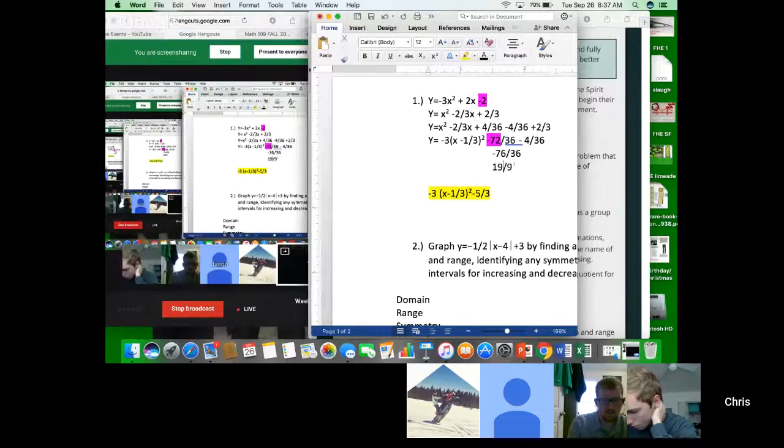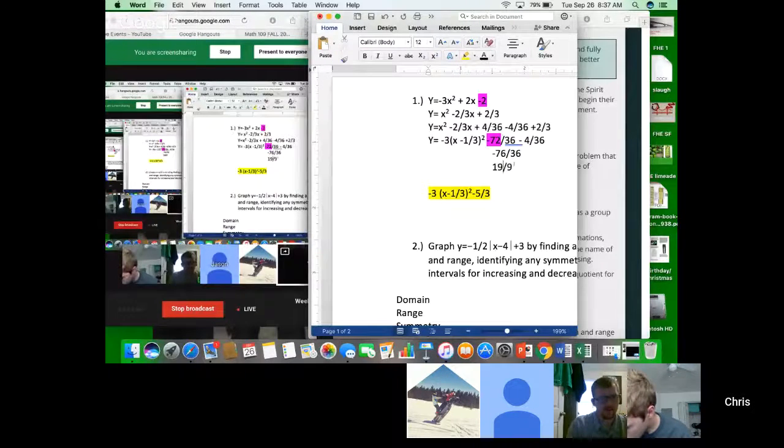I just know you have to take, so starting with the negative 3x squared plus 2x minus 2, you have to take that and pull the 3 out, so you've got to divide every term. So it makes it positive 2/3 x, and then negative 2/3. And then you FOIL that, and it makes x minus 1/3 squared.